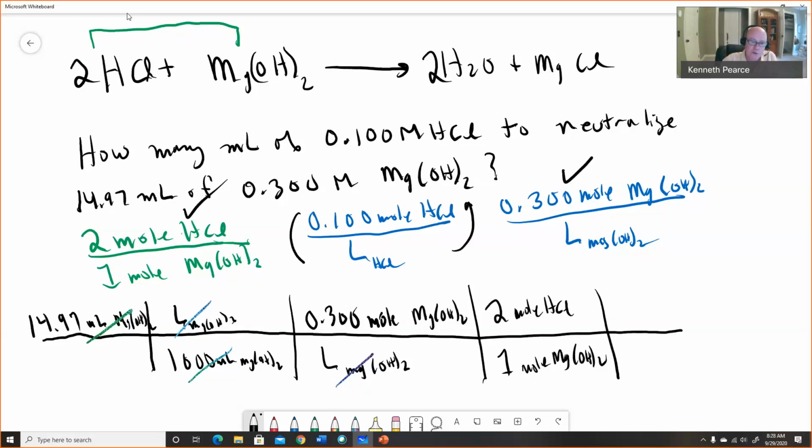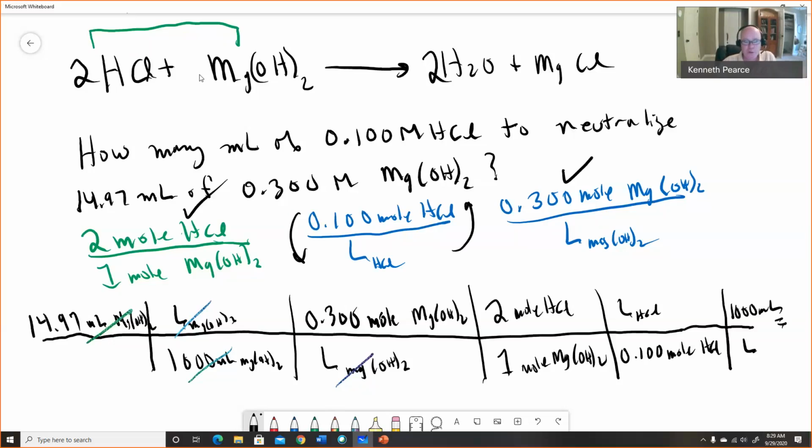And then we'll go ahead and convert the liters into milliliters. And that is liters of hydrochloric acid solution for every 0.100 mole hydrochloric acid. And if we stop there, we'll have liters. But let's go ahead and convert it to milliliters for every liter, and we're done.